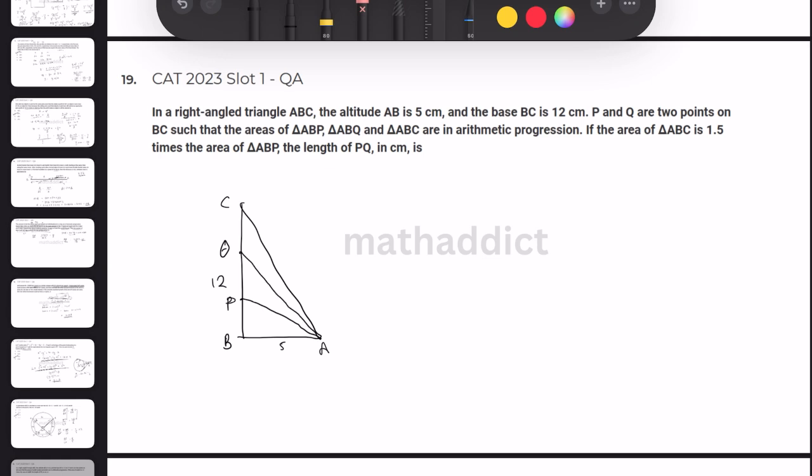So area of triangle ABP, let that be A. Area of triangle ABQ is A plus D, and area of triangle ABC is A plus 2D. Area of triangle ABC is half into 12 into 5, which is 30.